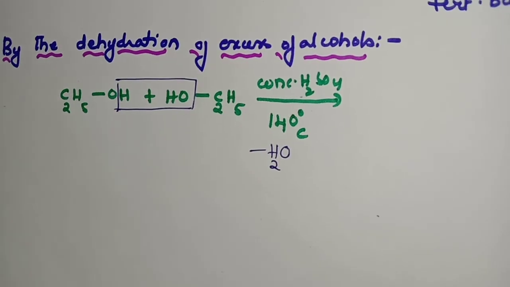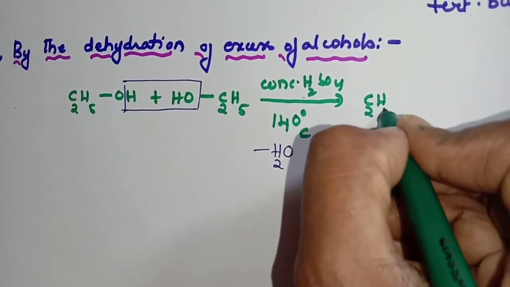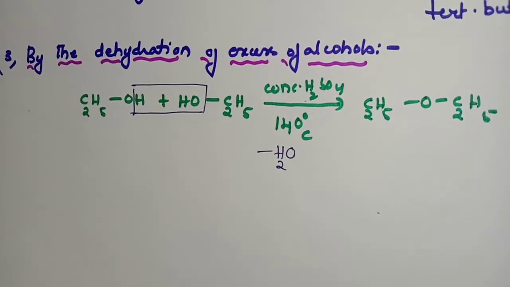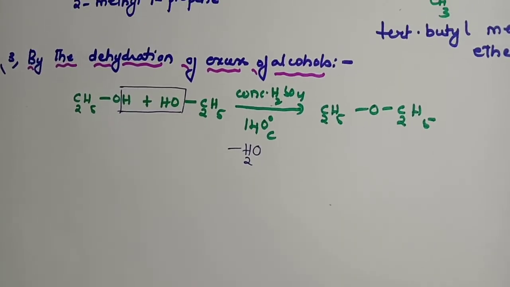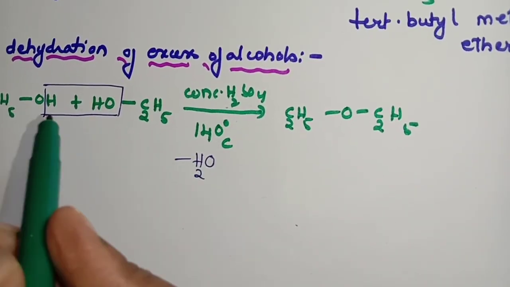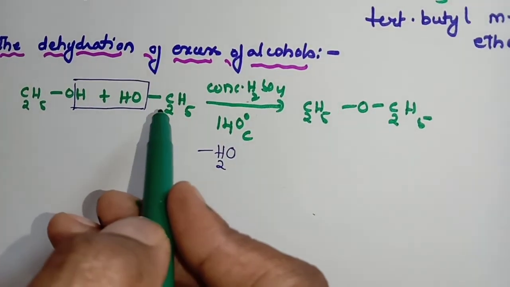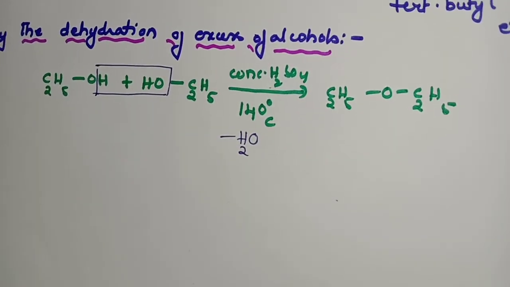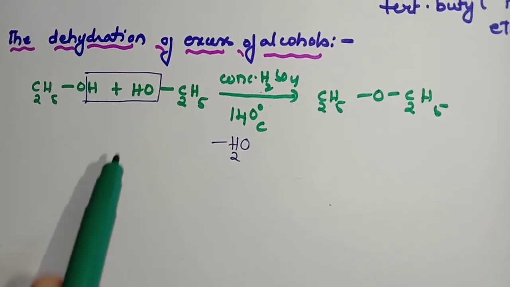Okay. So we get C2H5O C2H5. This is again diethyl ether. Okay. So we have also seen in the introduction, ethers can be called anhydrides of alcohols. That means removal of water from 2 alcohol molecules. In the introduction video, you can find this point.